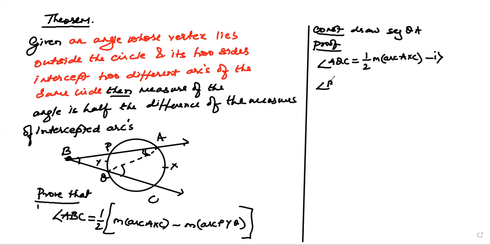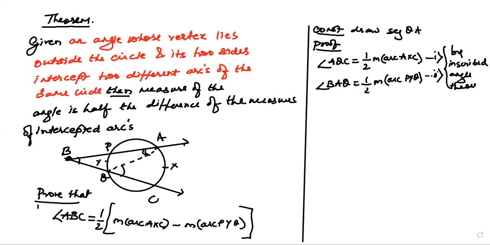Just have a look at angle PAQ. PAQ equals half the measure of arc PYQ. Don't you agree, children? I get half these arcs. Okay, these two I wanted. So I just showed by the inscribed angle theorem. Only if I use the inscribed angle theorem, I can get it. And that was the reason why I constructed that.